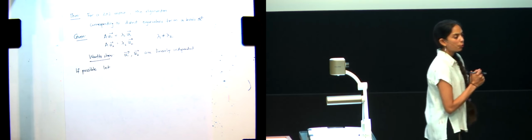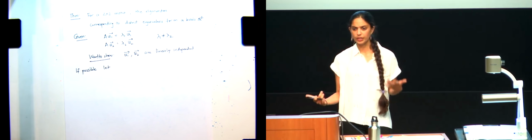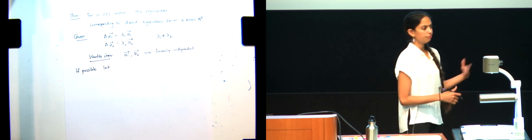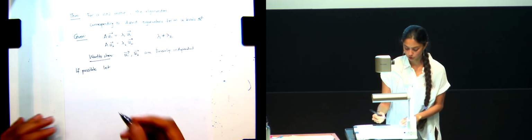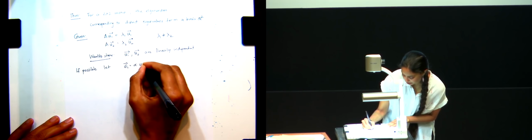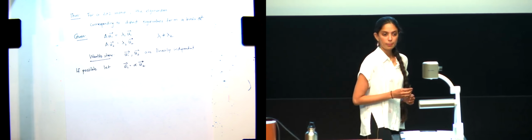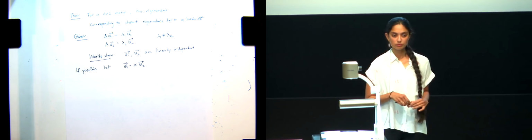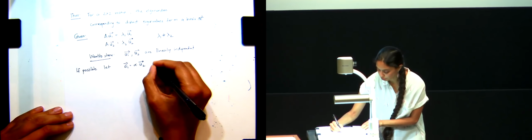So, in this case, when I have only two vectors, V1 and V2, what does linearly dependent mean? Linearly dependent just means that V1 is a scaled version of V2. So let's say V1 is equal to alpha times V2.